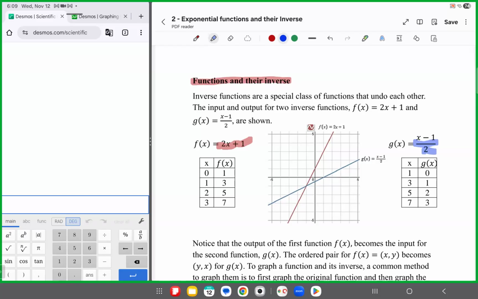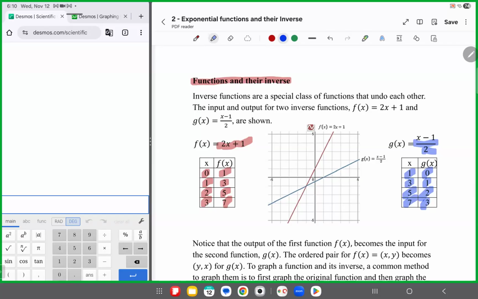Some patterns you'll notice: if you have a look at the input for the x and f of x values, you can see we get 0 and 1, 1 becomes 3, 2 becomes 5, 3 becomes 7. If we have a look at the inverse function, we can see we have 1 and 0, 3 and 1, 5 and 2, 7 and 3 with respect to ordered pairs.